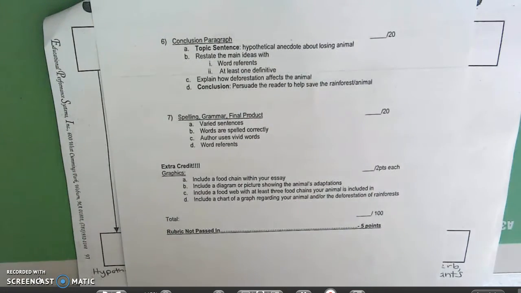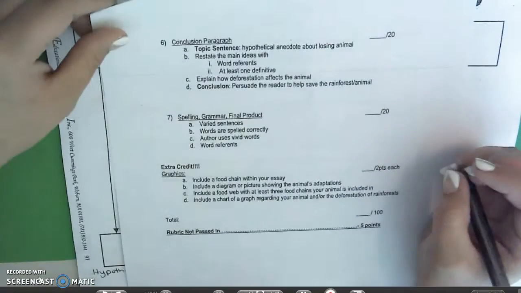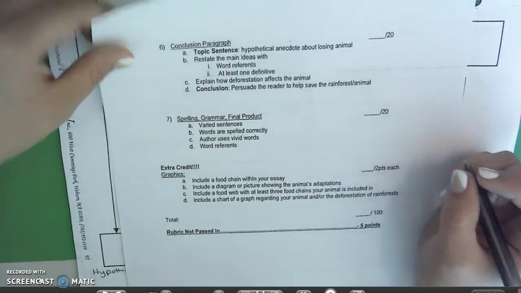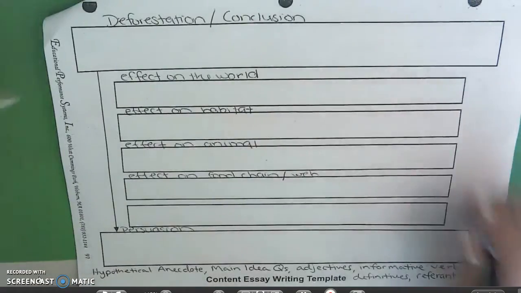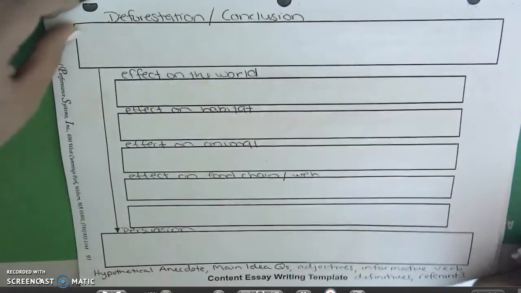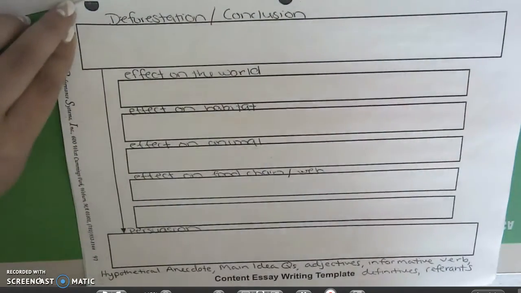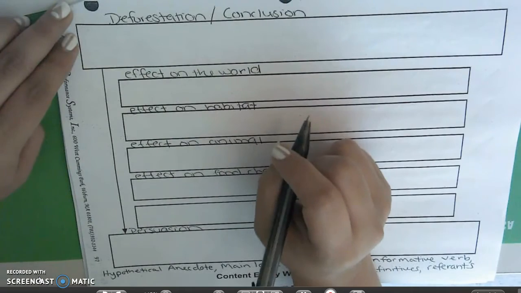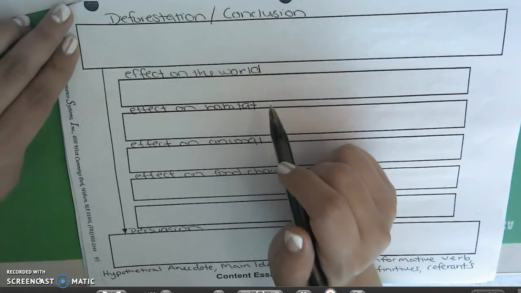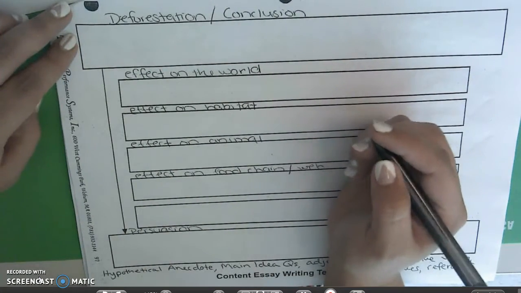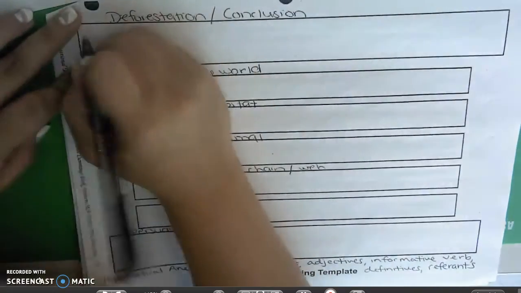So you could say something like, what would happen if you would walk through the rainforest and there were no more trees? Or if I was walking through the rainforest and realized that all of the glass-winged butterflies were extinct. So I'm going to actually start with that.